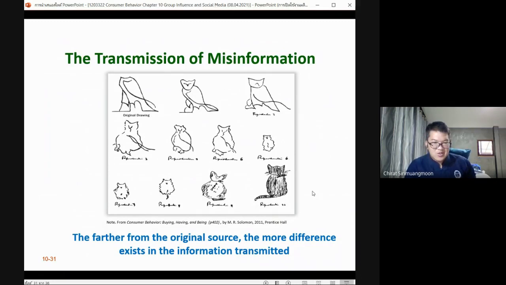This is our original drawing, and then one person, two persons, and finally person number 10 turns something into a cat. Isn't it? Like here. So transmission of misinformation is very important. Like I said, the farther from the original source, the more distorted the information can become. So if you are marketers, make sure that the information you send to the final consumers is the same as the information you tried to set at first.